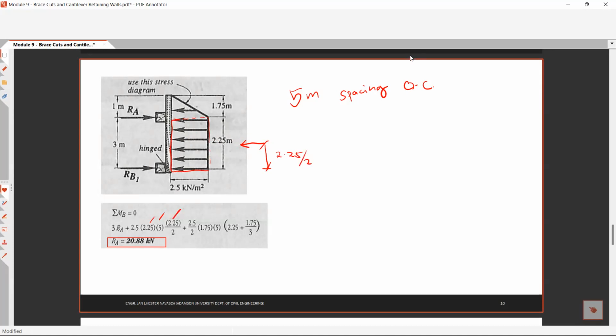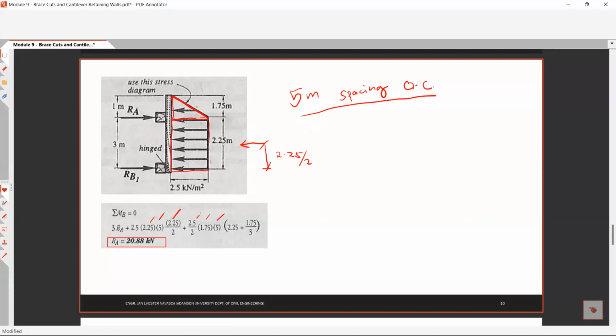Next is this linearly increasing pressure diagram. For this linearly increasing pressure diagram, basically that is base times height over 2. So 2.5 times 1.75 over 2, multiplied by the 5-meter spacing on center.